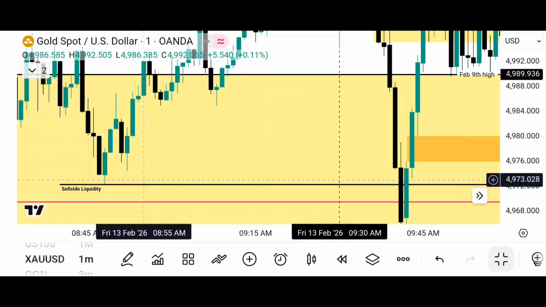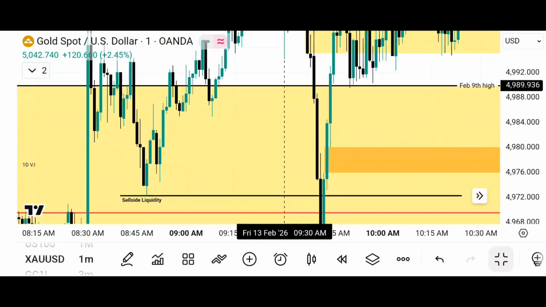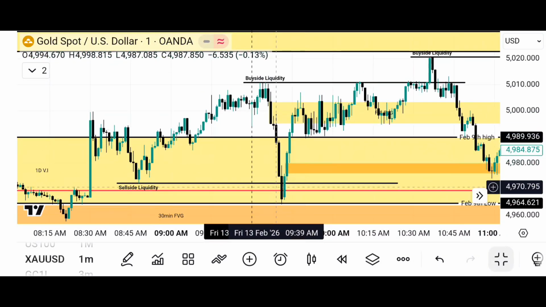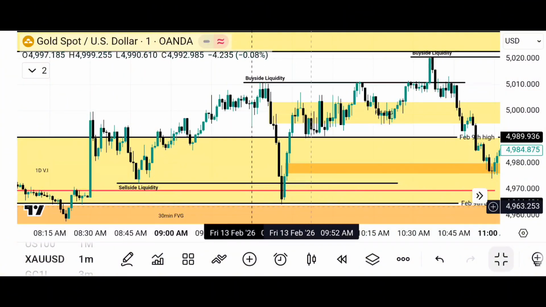There are relative equal lows on the 1 minute time frame, this low and this one, with this one at the left slightly lower than this one at the right, and price dropping down after 9:30 to take out this low, to grab sell side liquidity, and also into this other block.